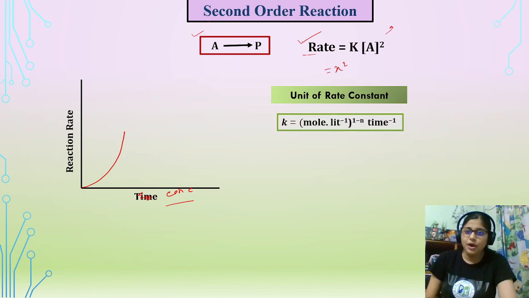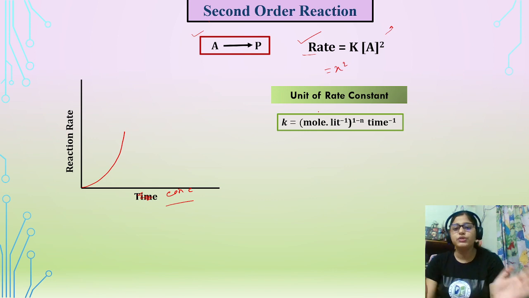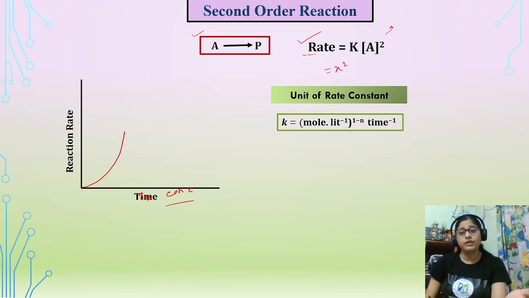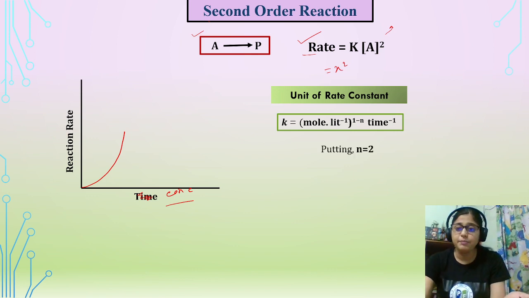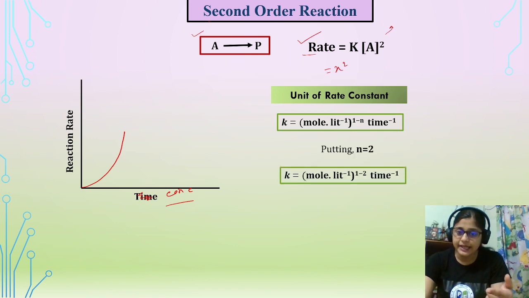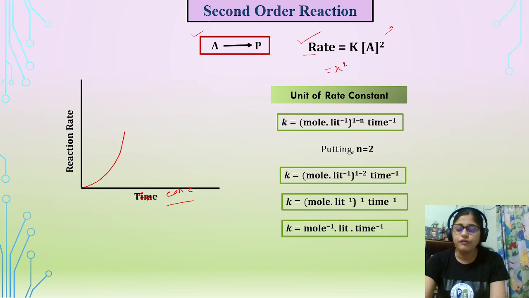The formula is mol^(1-n) L^(n-1) time^(-1), where n is the order of the reaction. Putting n equal to 2, the unit of rate constant will be mol^(-1) L time^(-1).